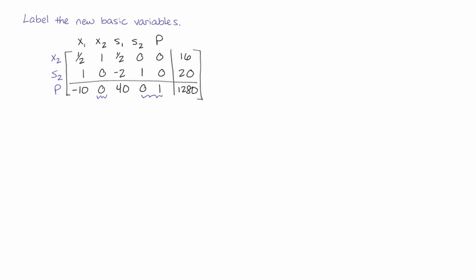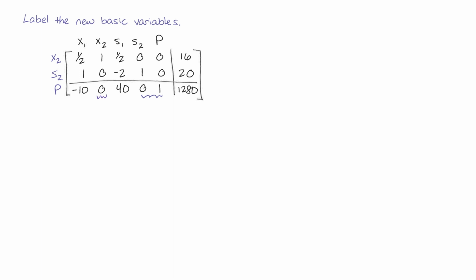Now this makes sense because I was switching x2 with the variable that was in row 1. S1 is now a non-basic variable. S2 and P remain the same, and they're still representing row 2 and row 3 respectively.